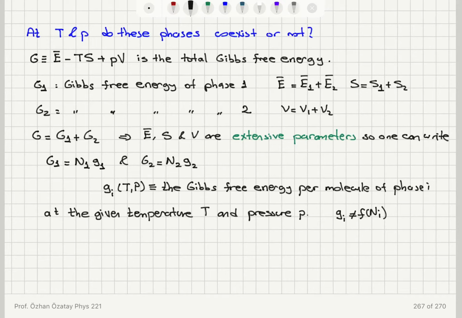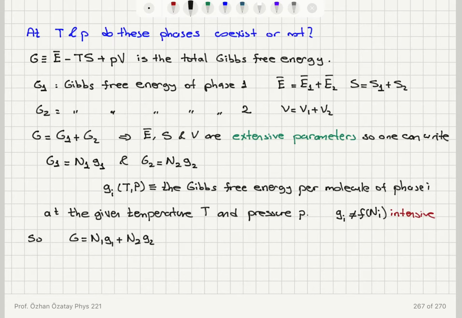So this is basically intensive. It's becoming an intensive thermodynamic parameter. Therefore, we can write for the total Gibbs free energy N1G1 plus N2G2.